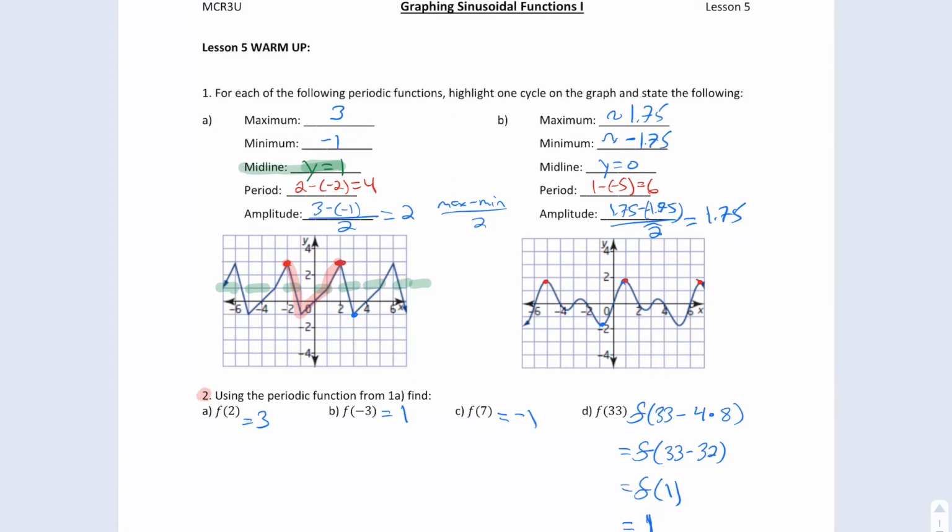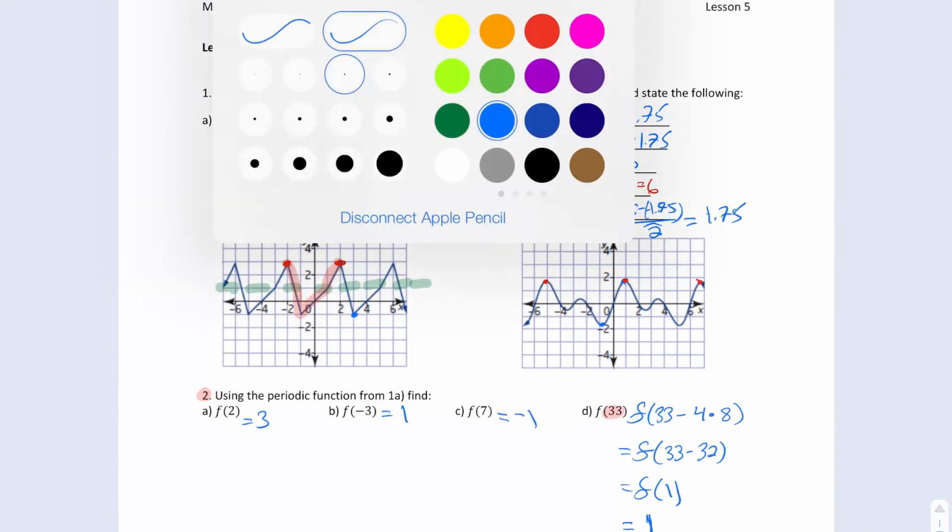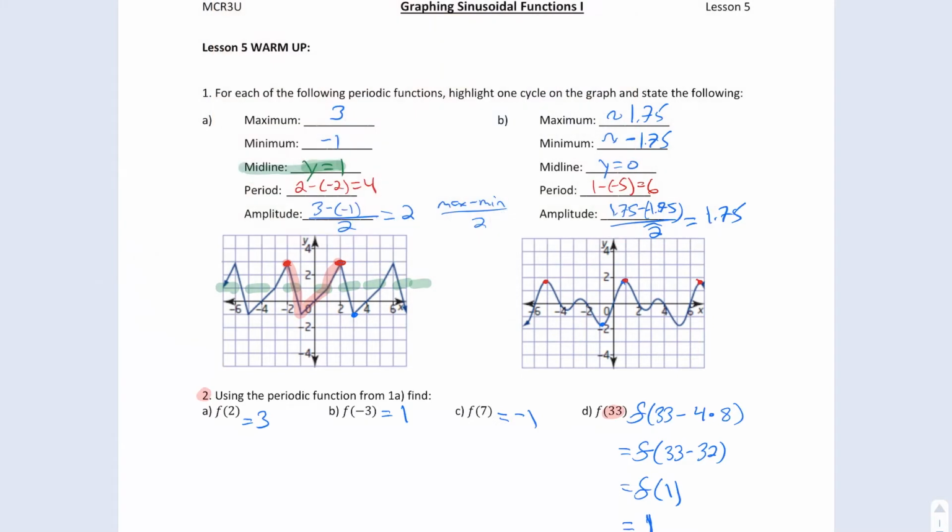Then you can do number 2 here, where you've got the function at certain x values. Just watch with D. After you've tried this, you can listen to this, but because we're at f at 33, that's way beyond where the graph is. What we have to do is use the period, and the period length is 4, and because everything just repeats itself, I took 4 times 8.